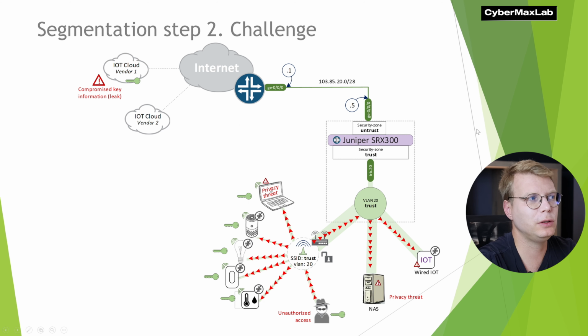Let's look at step 2 in our challenge. As I mentioned before, we always trust our PSK to the vendor and store it in their cloud. Potentially this key can be compromised. It can be leaked.